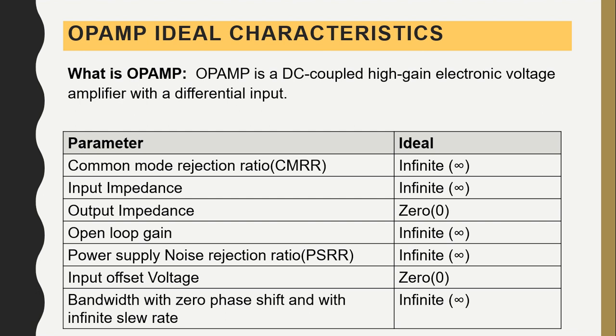Common mode rejection ratio, ideally infinite; input impedance, ideally infinite; output impedance, ideally zero; open loop gain, ideally infinite; power supply noise rejection ratio, ideally infinite; input offset voltage, ideally zero; bandwidth, ideally infinite with a zero phase shift and an infinite slew rate.